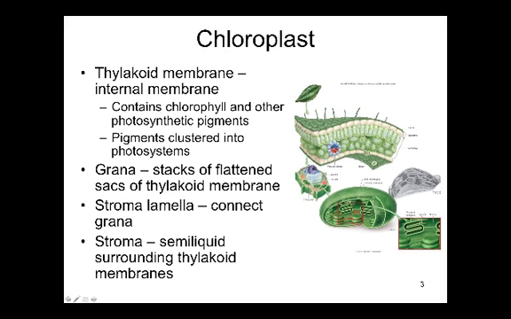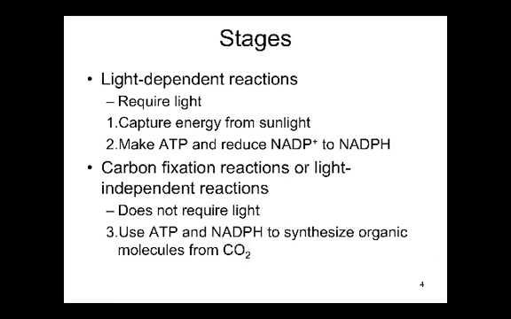The thylakoid membranes contain chlorophyll and many other photosynthetic pigments, but primarily we'll be seeing chlorophyll A and chlorophyll B. These pigments are clustered in photosystems right on top of these thylakoid membranes. So photosynthesis occurs in 2 primary stages, the light-dependent reactions and then the light-independent reactions or carbon fixation reactions.